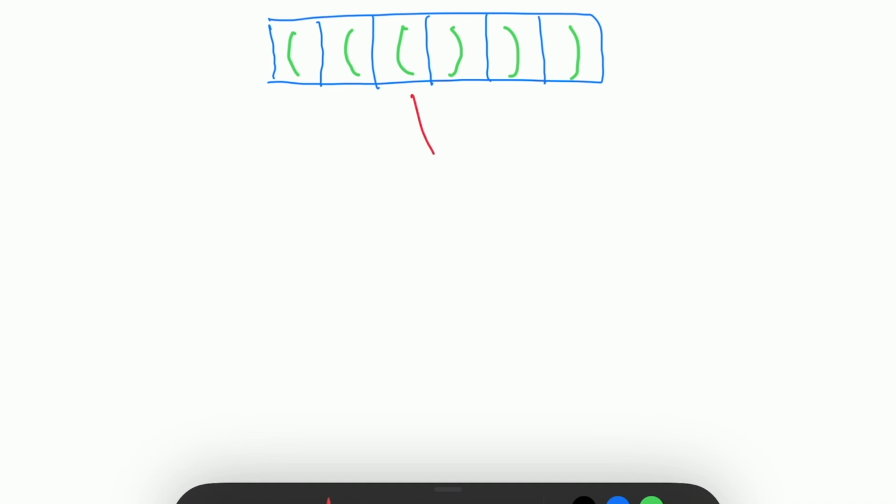So first, if we calculate the score of this one, this is 1, and if we calculate the next outer parenthesis, we already have 1, and this will be multiplied with 2, and now the value is 2.